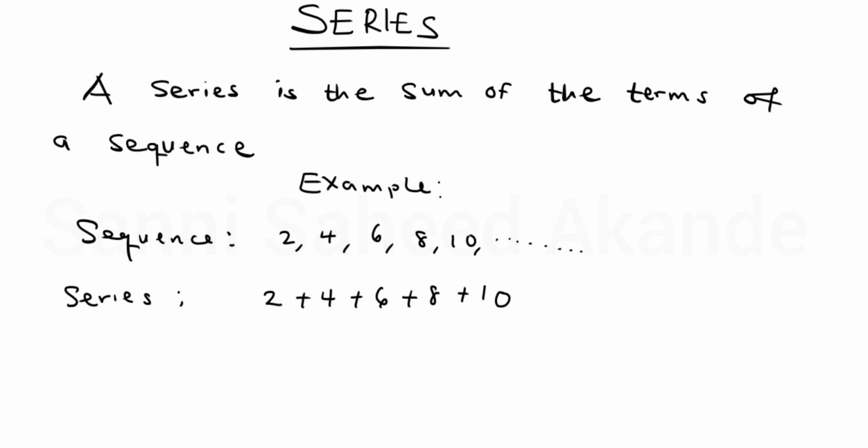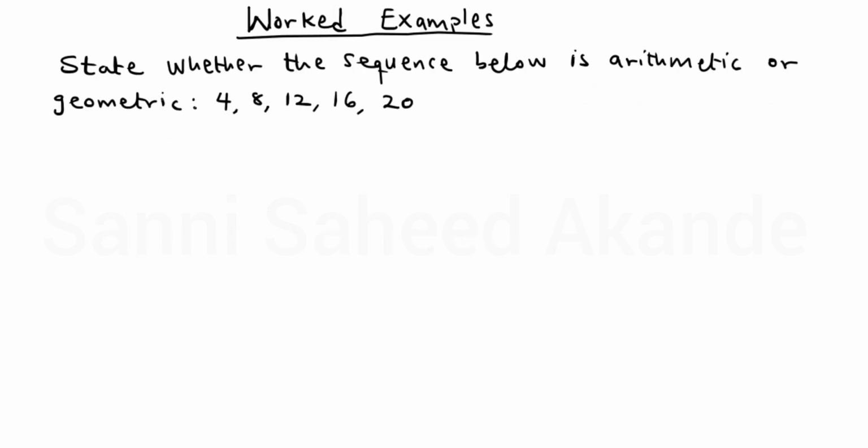The first question says, state whether the sequence below is arithmetic or geometric. Solution. So we have 4, 8, 12, 16, 20. Don't forget, I have explained what arithmetic progression and geometric progression are, and that is what you need to answer this question.